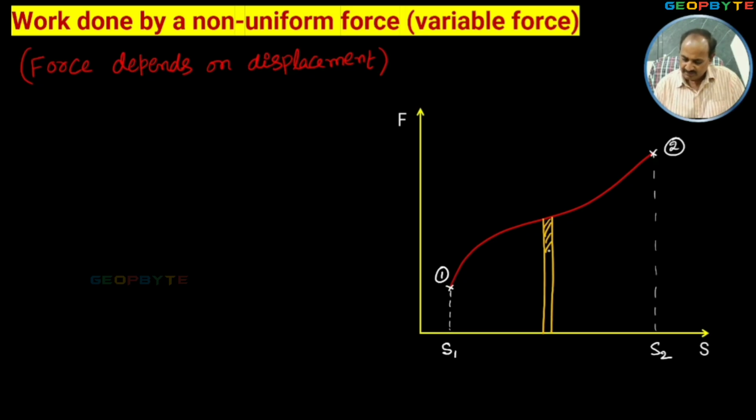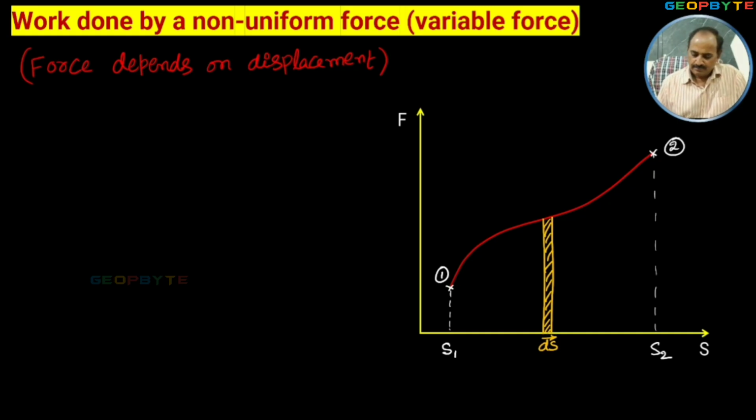This is a small elemental strip. That small elemental strip area is representing the work done by the force for the small displacement ds, because the area below the force versus displacement curve is giving the physical work.